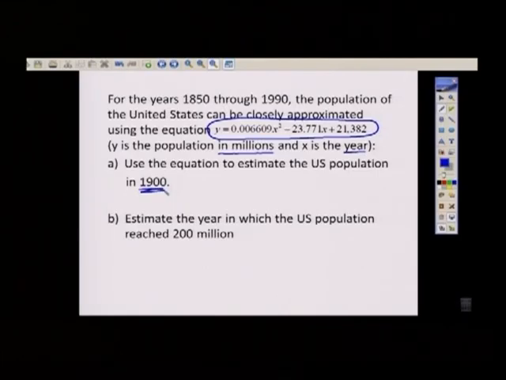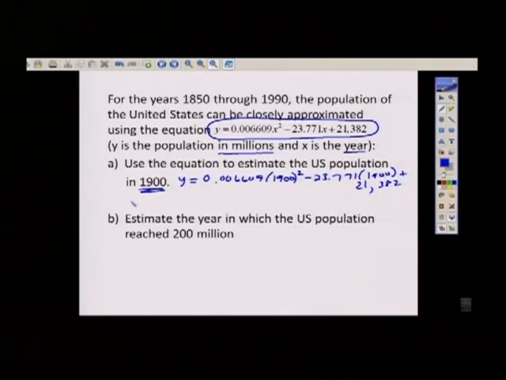Okay, let's see how you did. So to put this in here, you would have y equal 0.006609. We're substituting in the year 1900 squared, minus 23.771, still substituting in the year 1900, and adding 21,382.